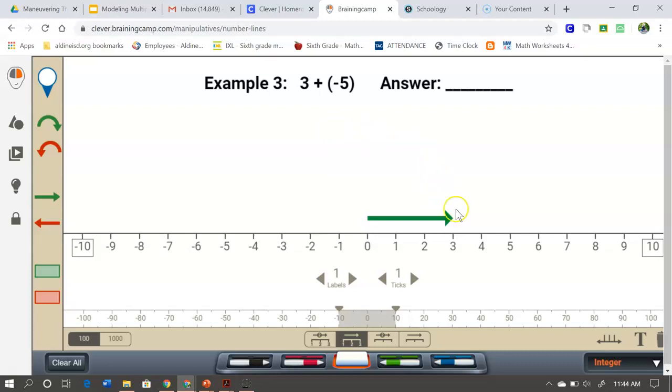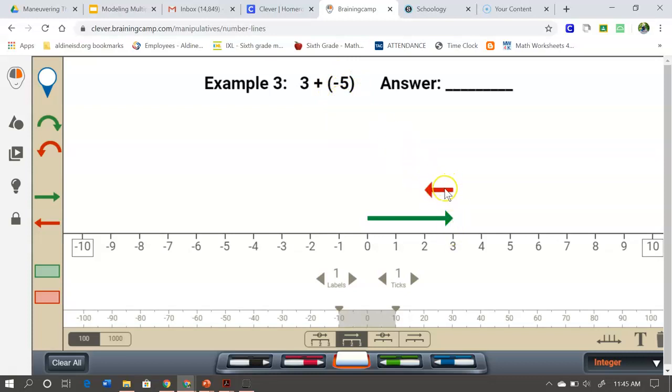So now I'm going to start at this +3 because that's where my first arrow ends. But I'm going to move to the left because my number is negative. So from this +3, I'm going to move 5 units to the left. Now again, the arrow is not telling me to go to -5. The arrow is telling me to move 5 units to the left.